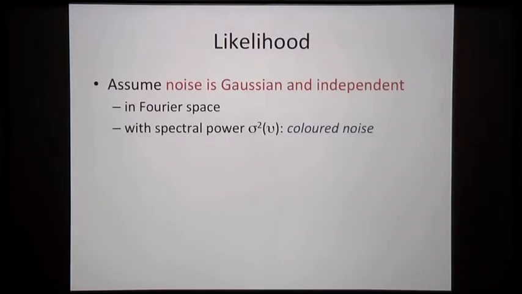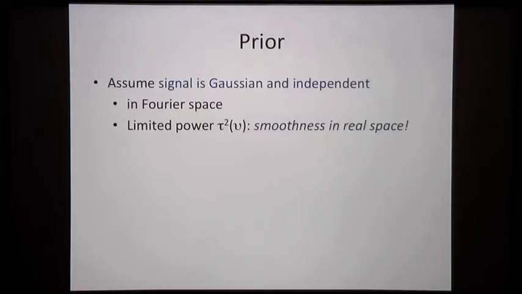And this we've done, sorry. The thing that we came up with is that in Fourier space, again, you can assume that the signal actually has a limited power, okay? And a limited power in Fourier space means it's actually smooth in real space.